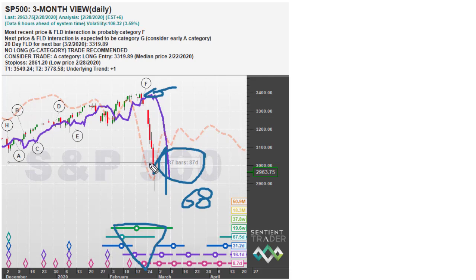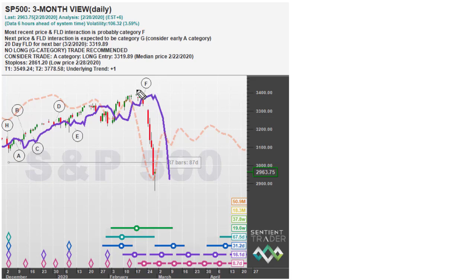So sitting and waiting for a G and then H category interaction when the next 20-week cycle trough is now 19 days overdue, and on Monday it's going to be almost 90 days long, waiting for that might prove to be a mistake. So that's the first caution that I would like to make.